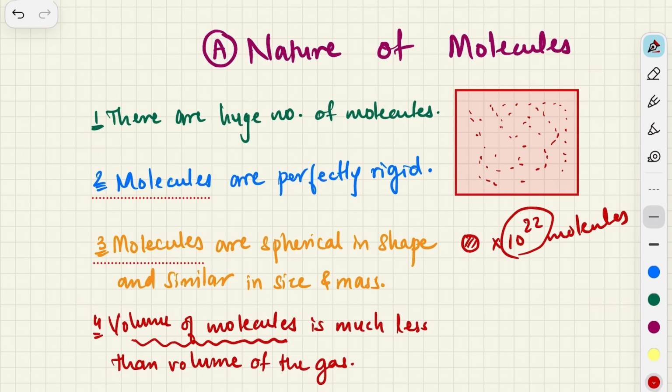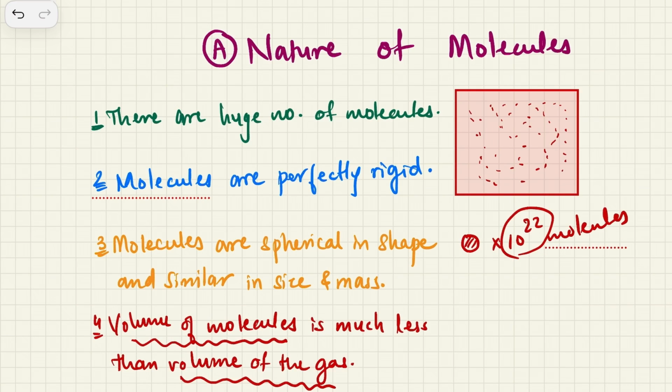This volume of molecules should be very much less than the volume occupied by the gas. So these four assumptions are basically based on the nature of the molecule and how the molecule should be.